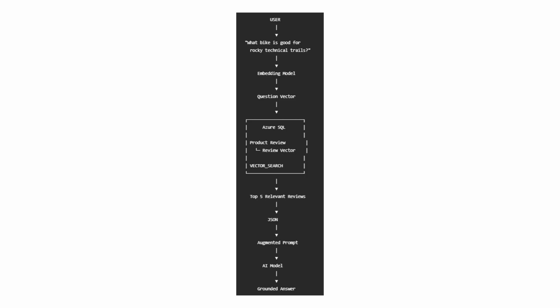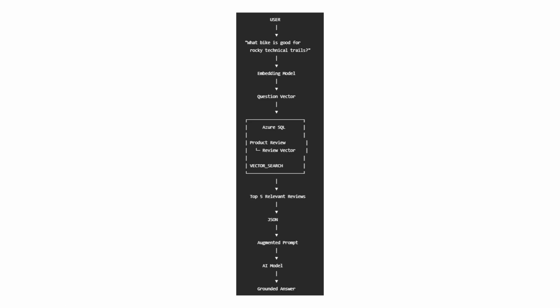The vector search gives some understanding of the meaning and tries to get the best answers from the existing reviews. We pick the top 5 relevant reviews and format them as JSON, and as an application we use those records to create an augmented prompt, pass that prompt to the AI model, and get the answer in a way that a human can understand.